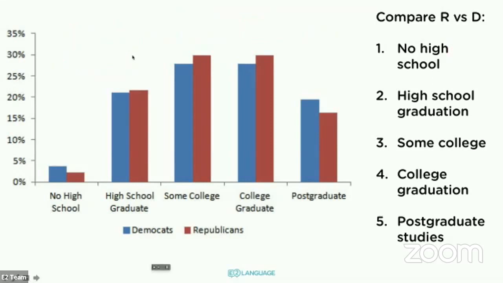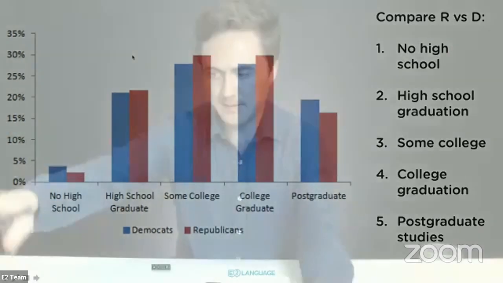All right, let's have a look at your sentence here. Very few Democrats did not complete high school education, while the number of Republicans was even fewer. Good. Really good.